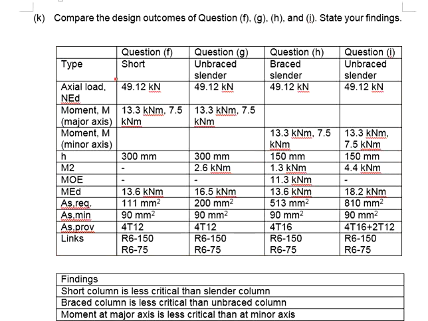For the same set of loading, the axial loads are the same, the moments are also the same, only that the directions of the moments towards the major or minor axis differ, and then the conditions of the columns are different. The different load conditions shall give you different design outcomes.